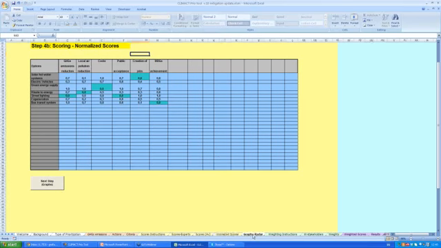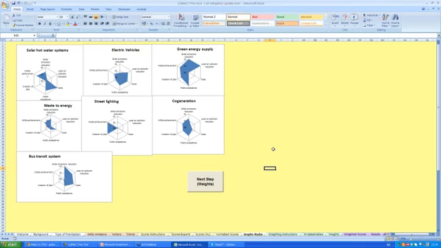And based on that, we can have a first idea, and this is an automatically generated graph where you can see how the different actions meet or perform against our criteria.